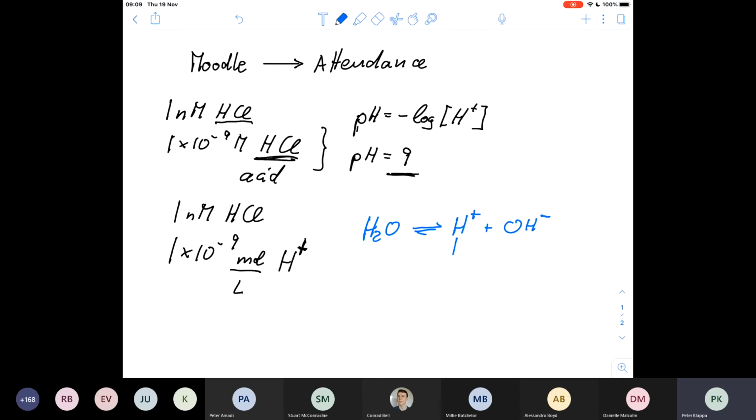What is the concentration of the protons in water? Let's not worry about who is interacting with which. Let's just focus on the concentration of the protons. Ah, yes, it is absolutely right. And what is it? You mean molar, right? So here the concentration of the protons in the water is 1 times 10 to the minus 7 mole per liter.